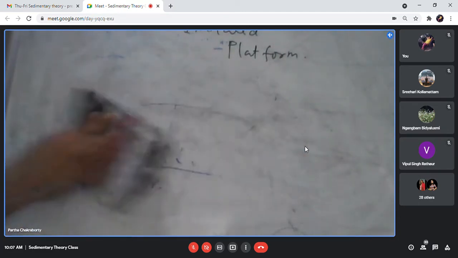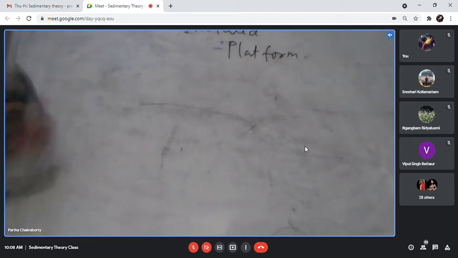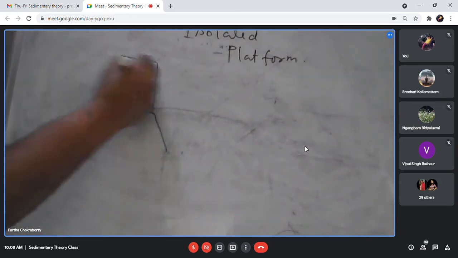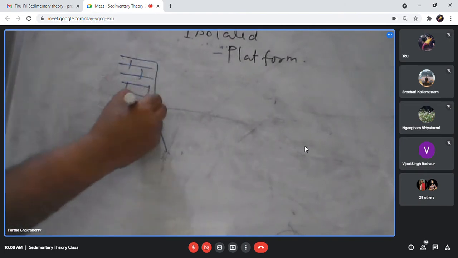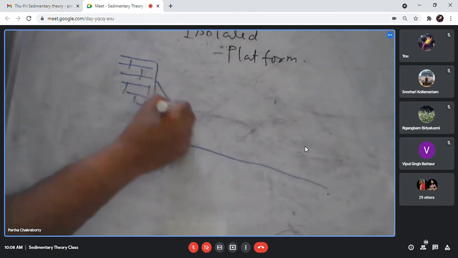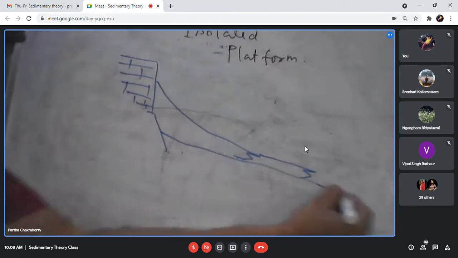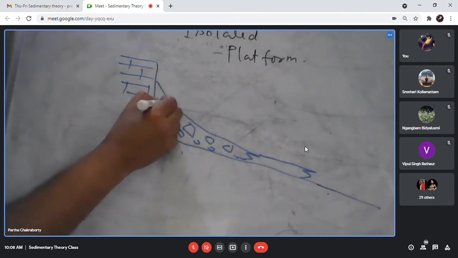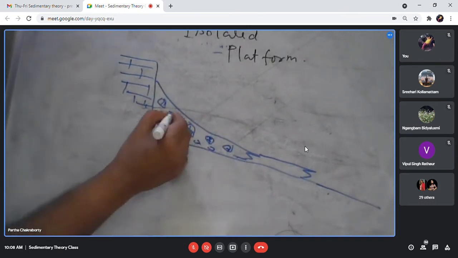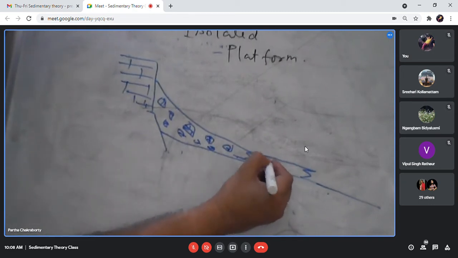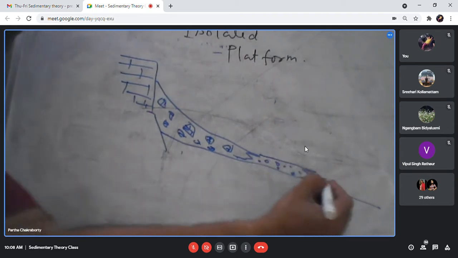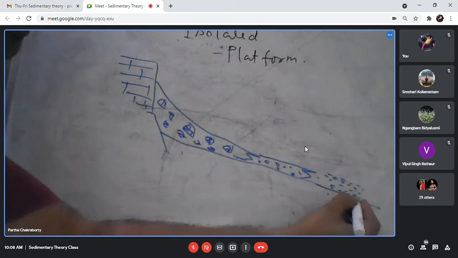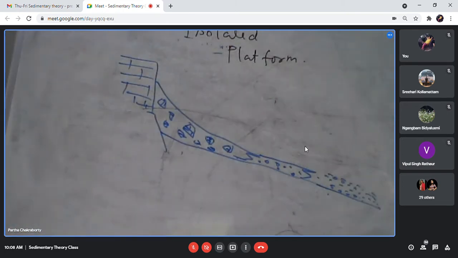Okay, now we will come on to the escarpment-like situation. What happens in the escarpment-like situation? This is an escarpment-like situation.